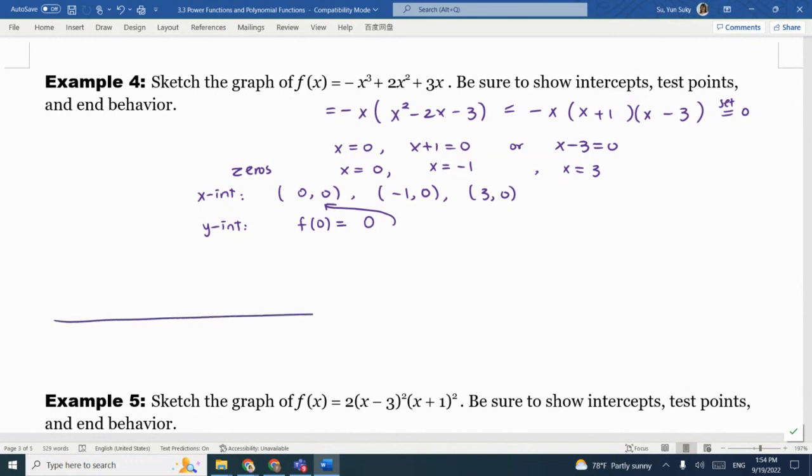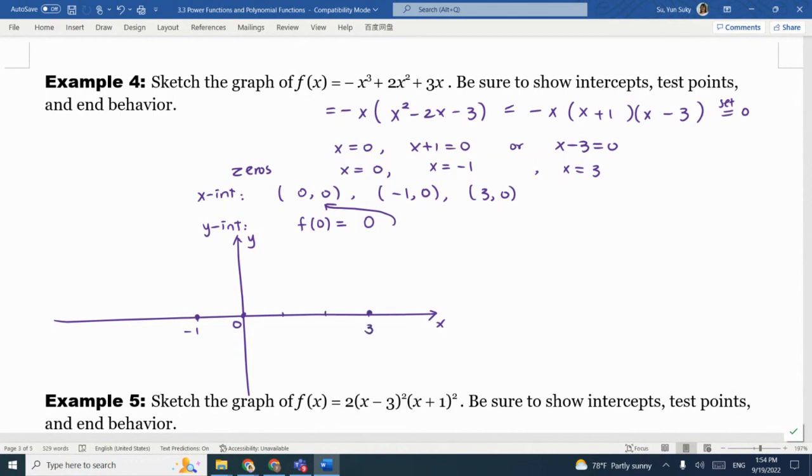Awesome. So we have the real number line, and this is the x-axis, but you also need to draw the y-axis. Then we put the x-intercepts: (0, 0), (negative 1, 0), and (3, 0).